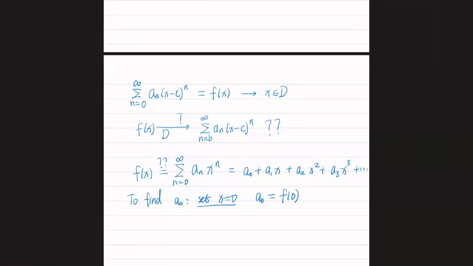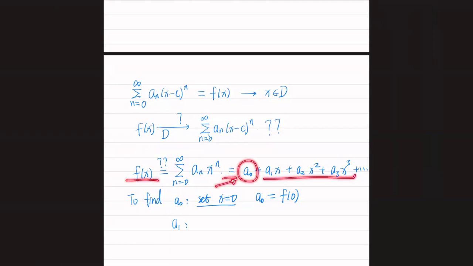Okay, now how do we find A1? Previously we found A0, and we don't need it anymore. I'm going to take a derivative on both sides.